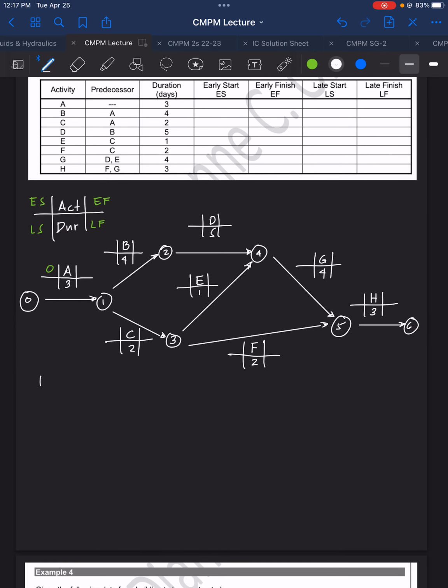So let's list down the paths. So we have here path A, B, D, G, H. Then we will have another path here, A, C, E, G, H. So that is our second path.